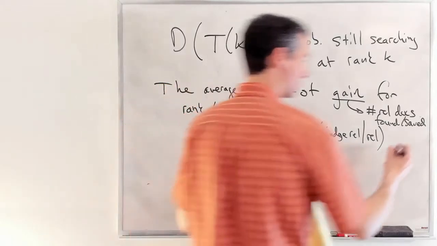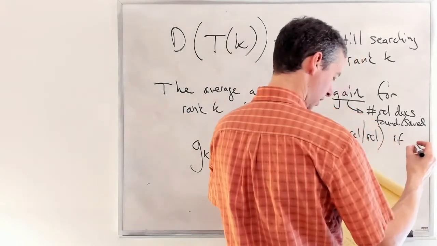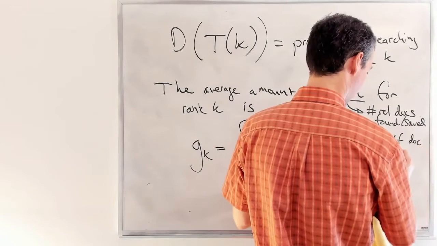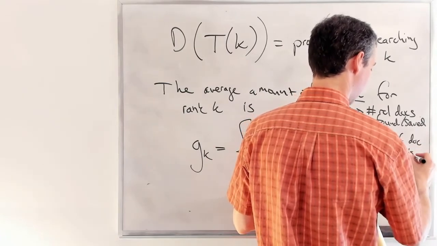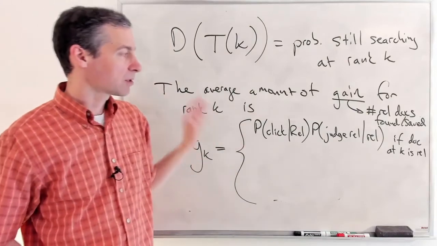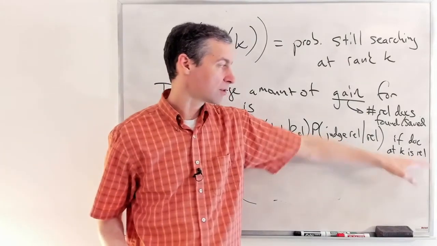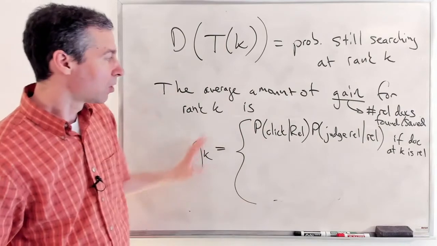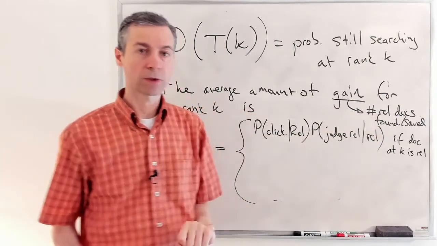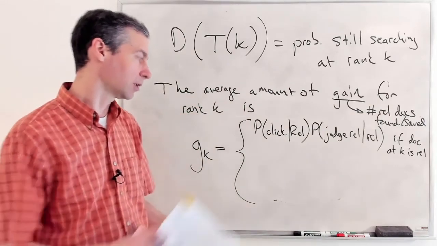All right, and this is what we say the gain is if the document at K is relevant. So for the documents that our assessors have judged to be relevant, what fraction of them are our users going to say are relevant?